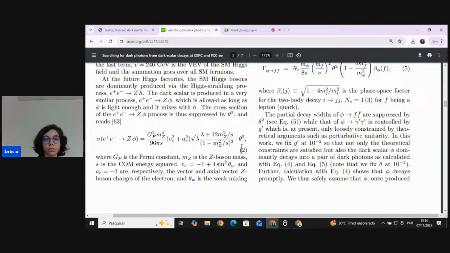This mixing angle, that is the mixing between these scalar fields, the scalar and the Higgs, suppresses this cross section.